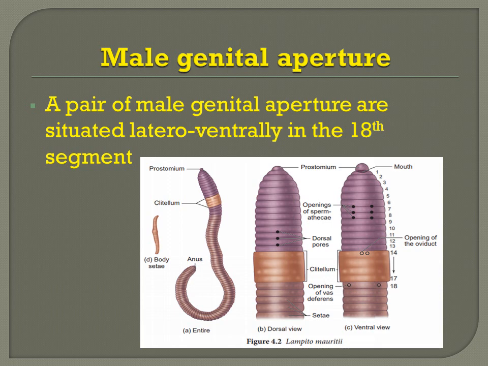In the second figure, the ventral view figure, the 18th segment is marked as the opening of the vas deferens. The vas deferens is a part of the male reproductive system, but it opens here in segment number 18 as an opening. So that is marked as the opening of the vas deferens, meaning it is the male genital pore.